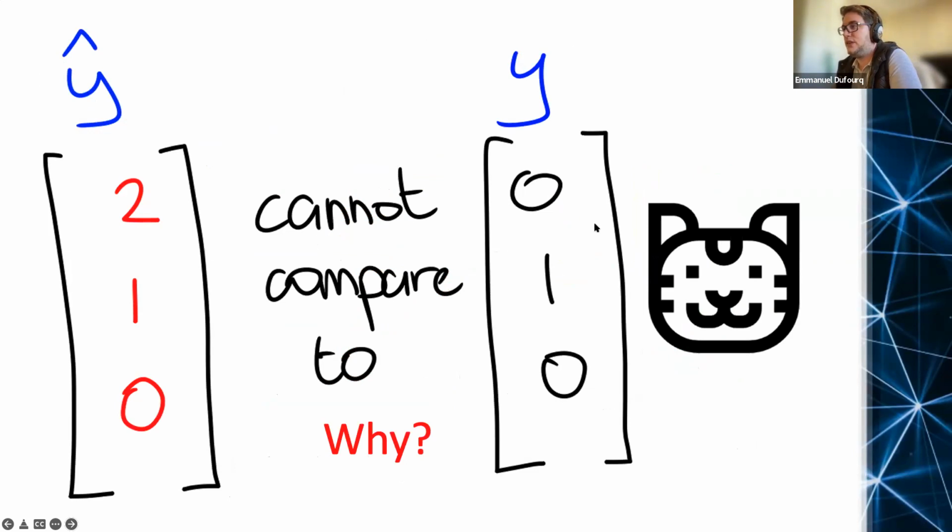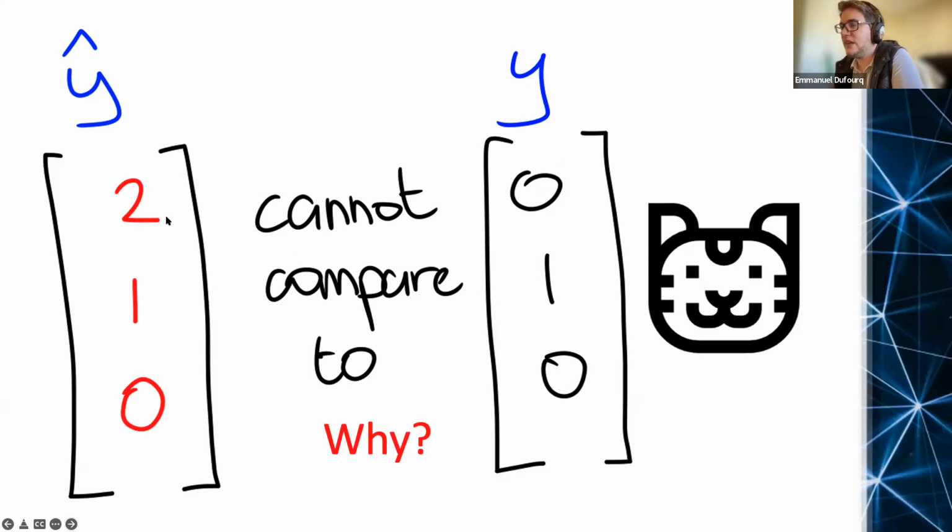But the true value y was, maybe it was a picture of a cat. And remember that we decided that we were going to encode the cat as 0, 1, 0. Now, the network has produced 2, 1, 0, but my correct value is 0, 1, 0.